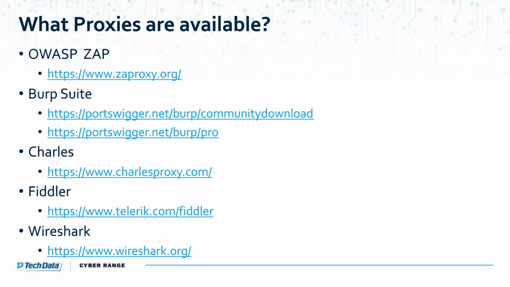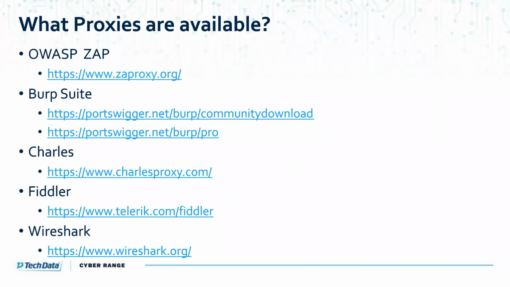Their solution comes in both a community edition and a pro edition. If you watched our video on Kali, we talked about some of the tools that are available there. Burp Suite might have been one of those tools we mentioned. The version of Burp Suite that comes in Kali, though, is the community edition.